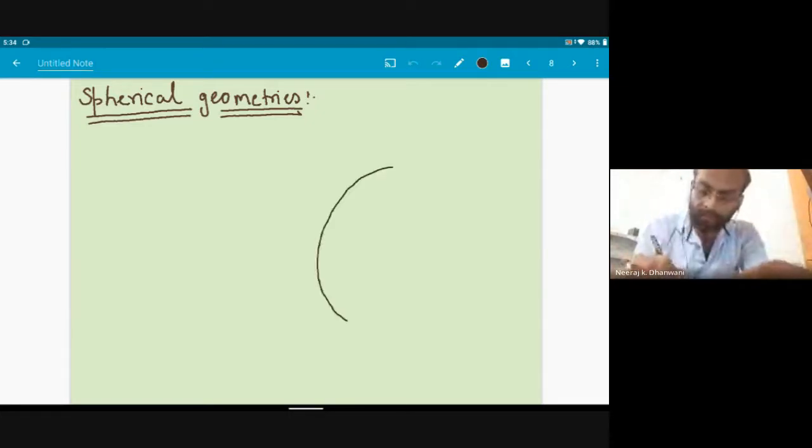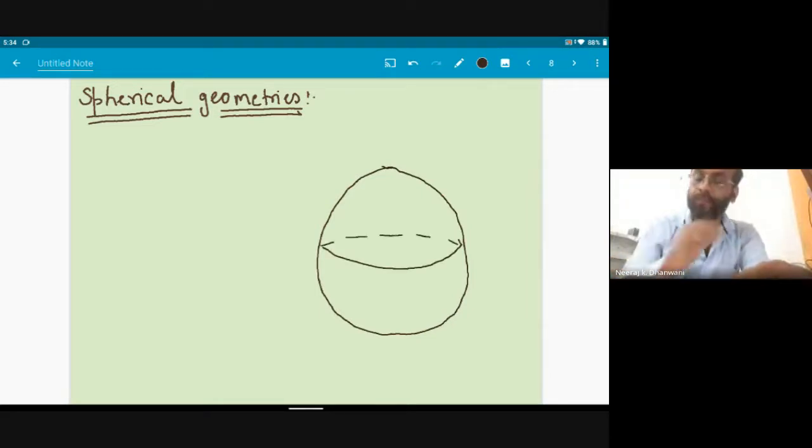Our Earth. Our Earth is not flat. It's spherical. Sorry, my picture is not very spherical. What is the distance between those two points?